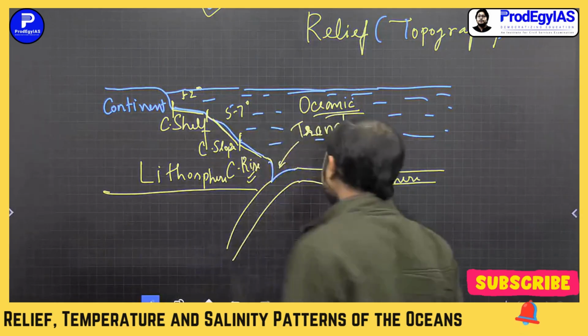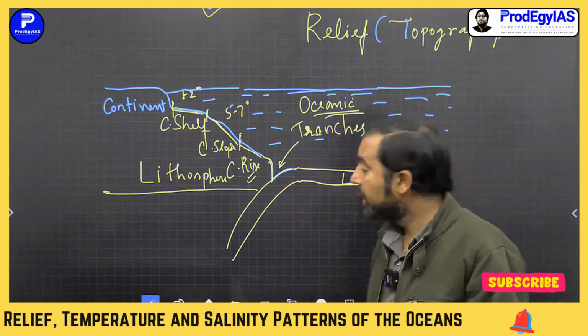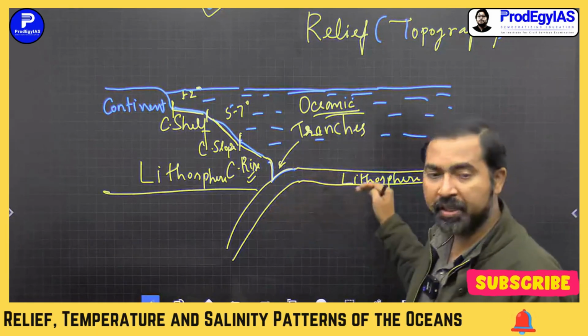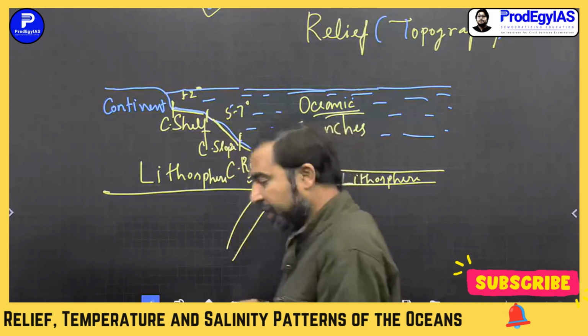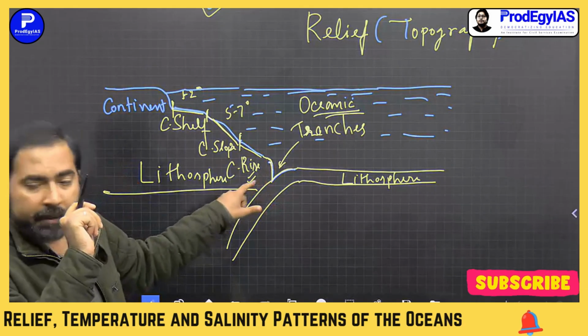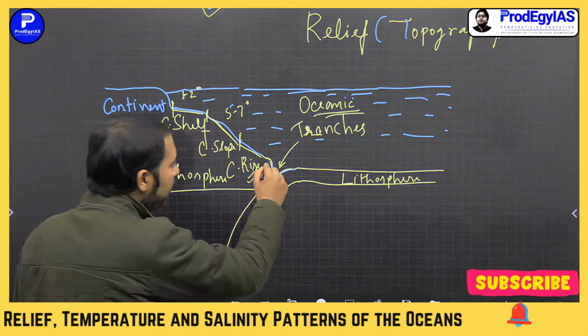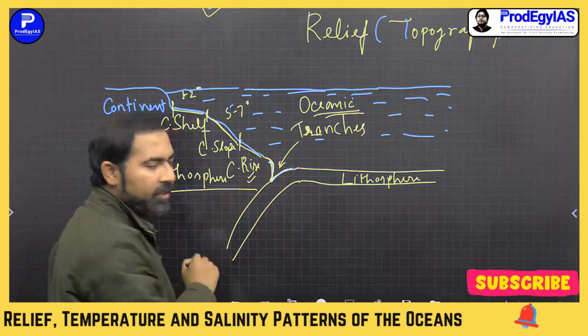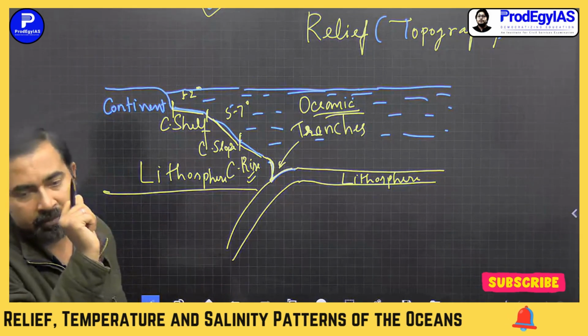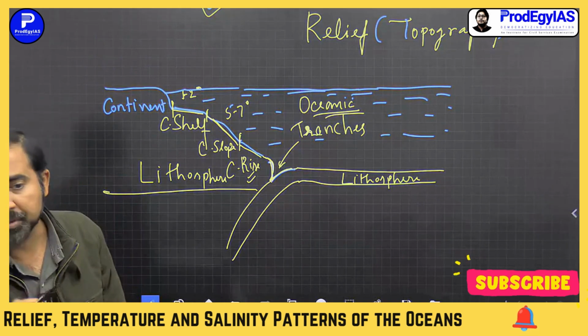So how these trenches are made, you know, through plate tectonics, that because of the subduction of the oceanic plate, this part of the continent is dragged, and a particular deep landform is made. That is known as the oceanic trenches, and they are the deepest parts of the oceans.